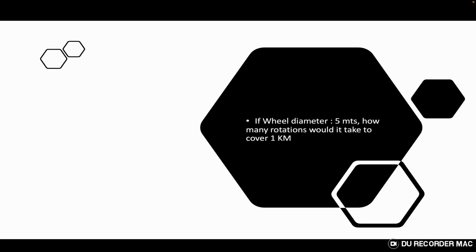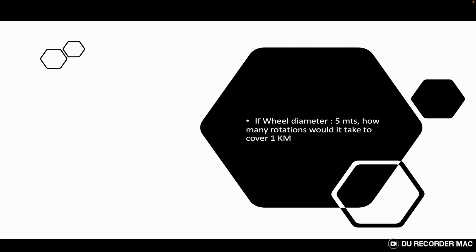So simply put, in mathematical terms, the distance it would cover for one rotation you can calculate by the formula 2 pi r, where r is the radius.